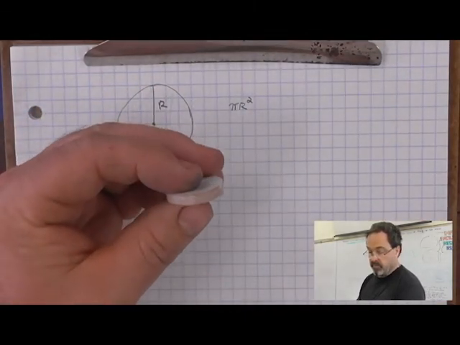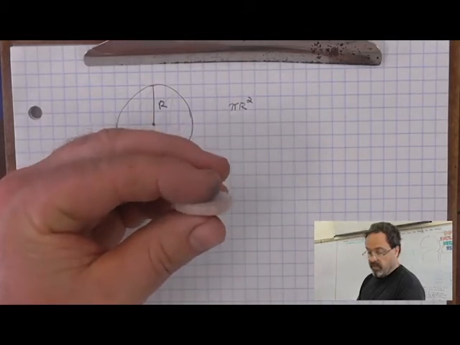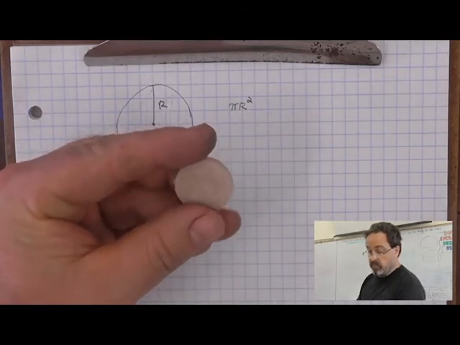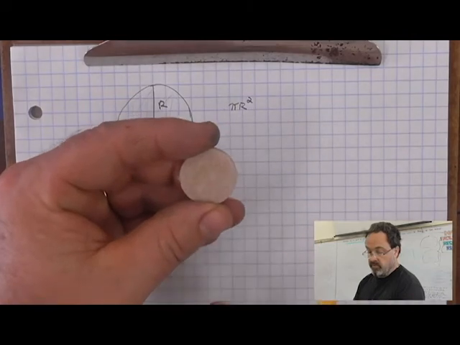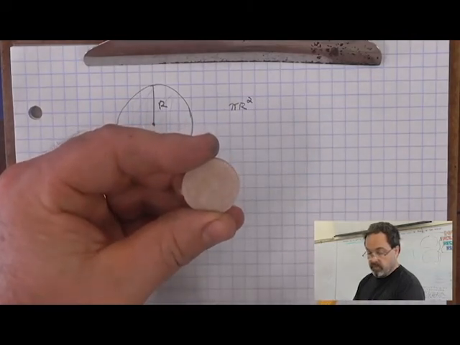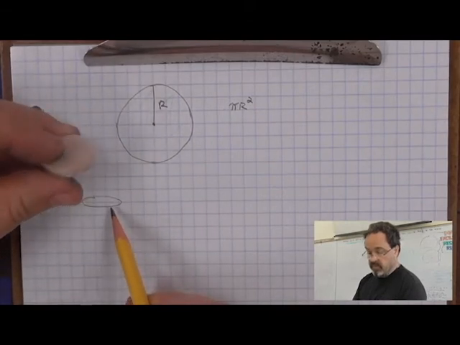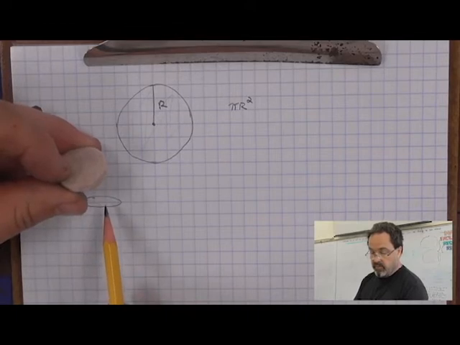This is a felt pad. So this felt pad has thickness. But if it was just a model of a two-dimensional disk, then we'd be paying attention to the surface as a two-dimensional surface. This drawing here is an attempt to visualize the disk from a perspective or an angle.